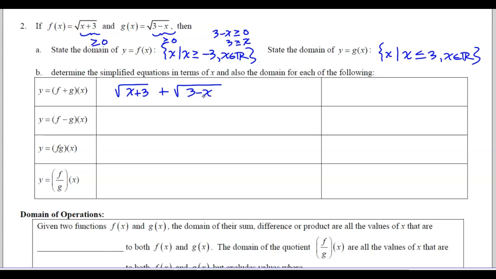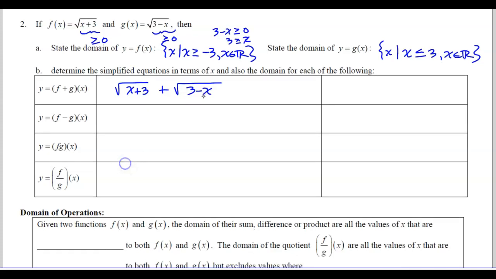So let's say we had y equals f plus g of x, and I wanted to find the value of f plus g of 1. Well, I'd put 1 in here. I'd get 2 plus, oh yeah, I can do that, sorry. I was looking at the wrong thing.